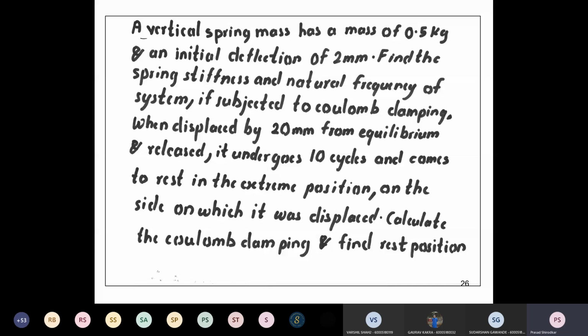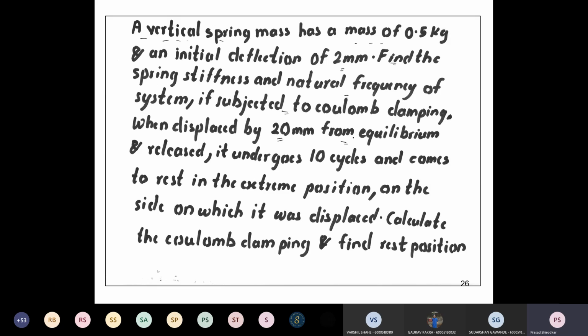Next question. A vertical spring has a mass of 0.5 kg and initial deflection is 2 mm. Find the spring stiffness and natural frequency of the system if subjected to Coulomb damping when displaced by 20 mm from the equilibrium position.